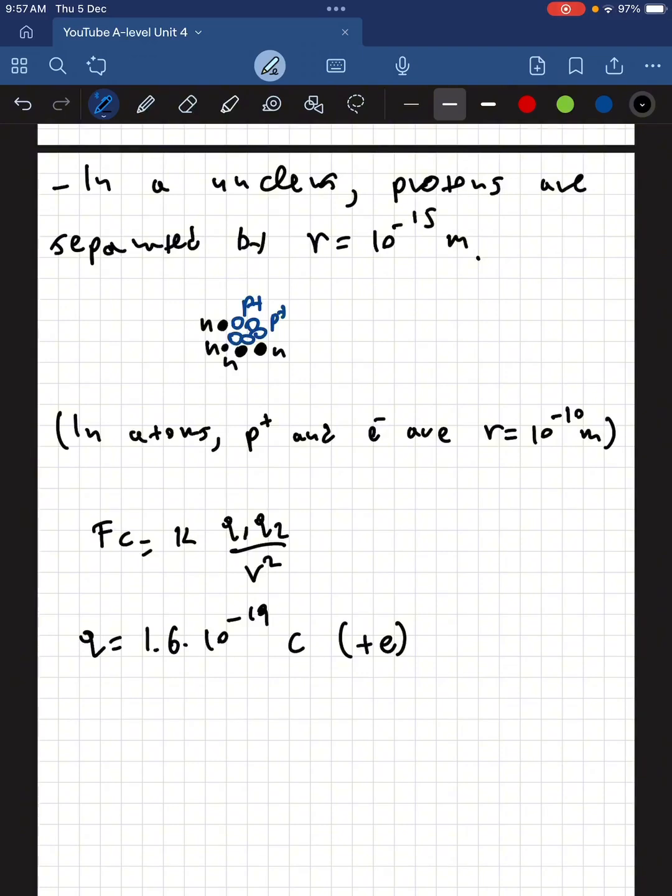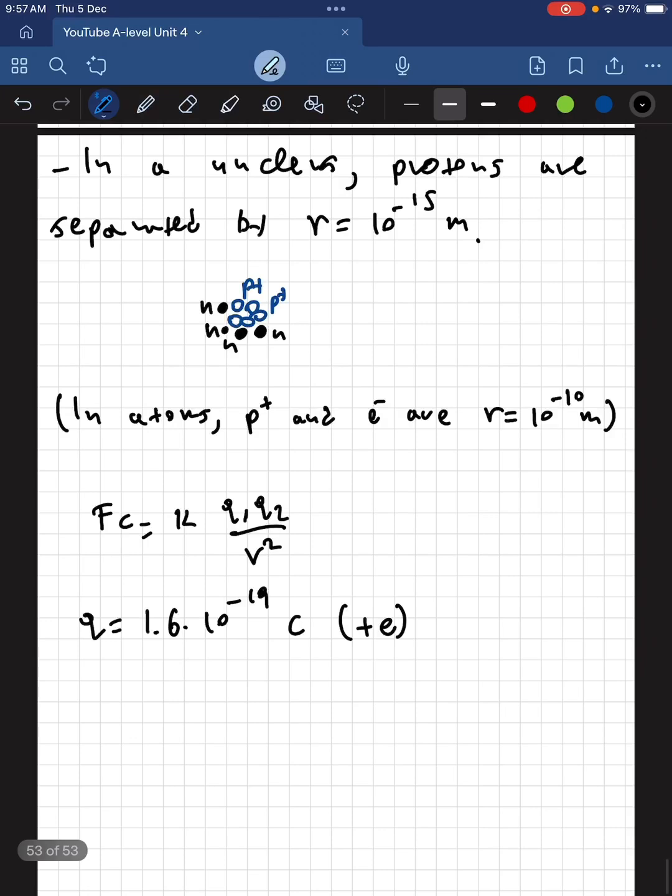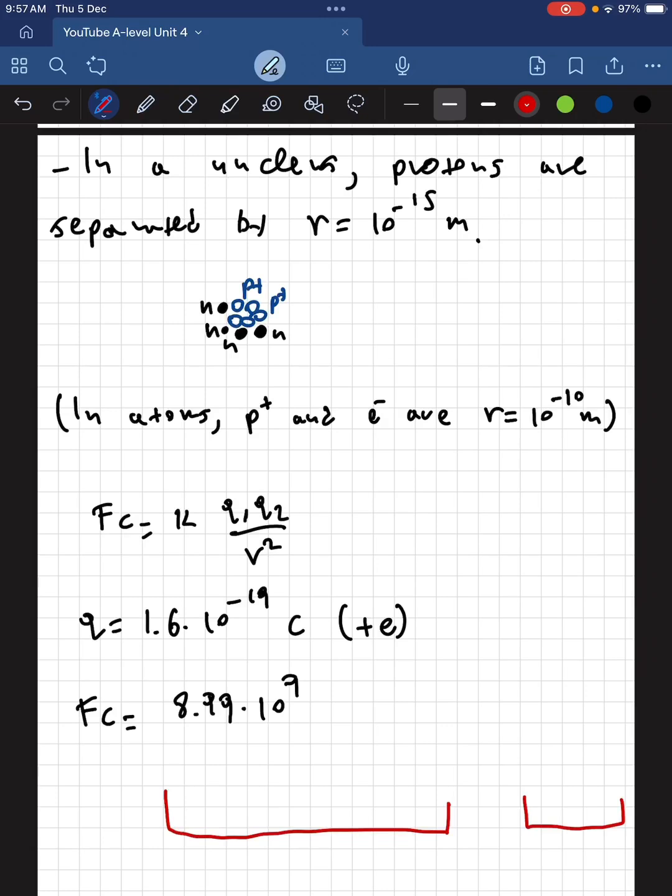So if the charge of one proton is 1.6 times 10 to the negative 19 coulombs, then F Coulomb is 8.99 times 10 to the 9. By the way, when I do numerical calculations involving units, I usually put the numbers to the left and the units to the right, okay?